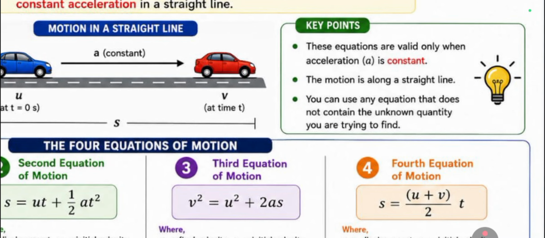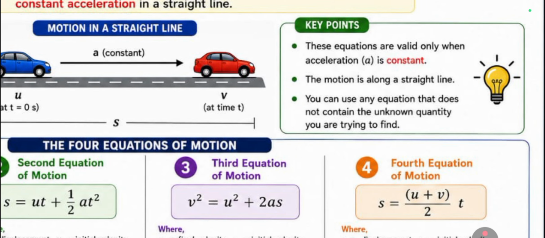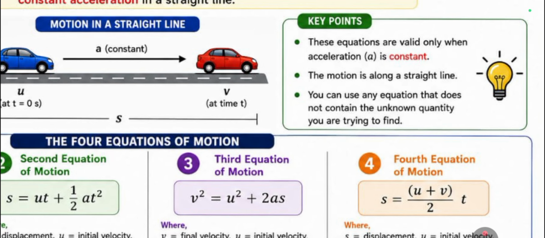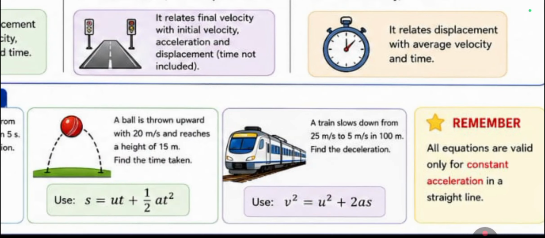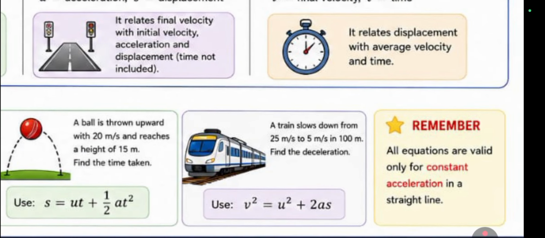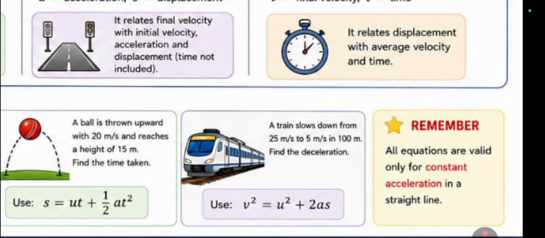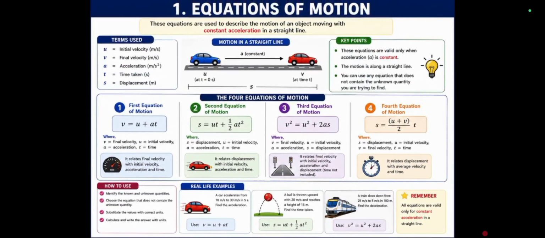You can use any equation that does not contain the unknown quantity you are trying to find. These are the key points. And also you have to remember all equations are valid only for constant acceleration in a straight line. These are the equations of motion. I hope that all of you understand this topic, equations of motion.